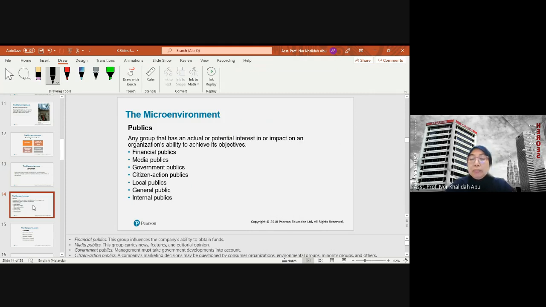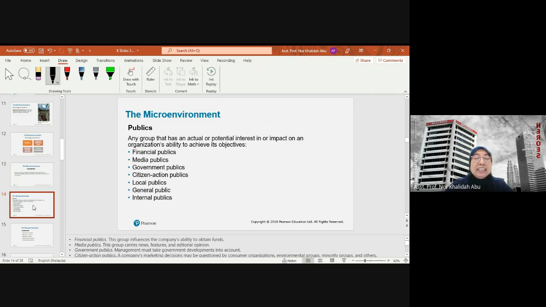For example, when a business goes into a certain location, it will create better jobs or more jobs for the general public. So local publics are the community surrounding the businesses, but the general public can be the whole population of a particular country. They could be interested in the things that you do because it can be something they are passionate about, or something that creates opportunities for them, and therefore they would pay a lot of attention to your organization.